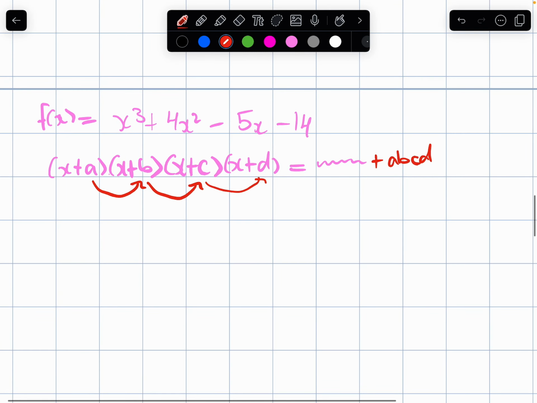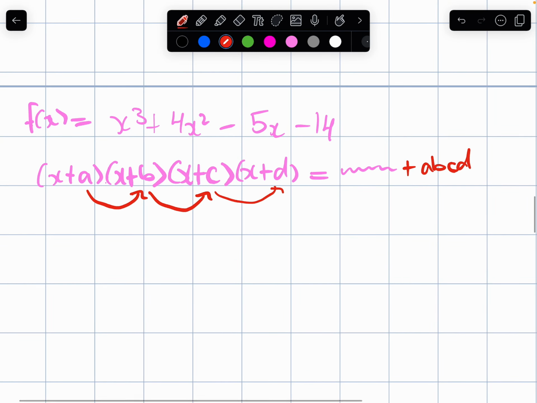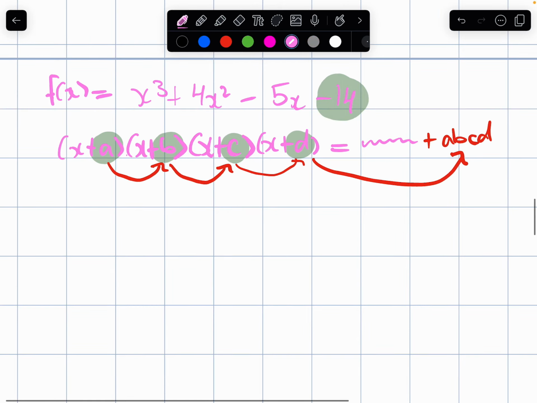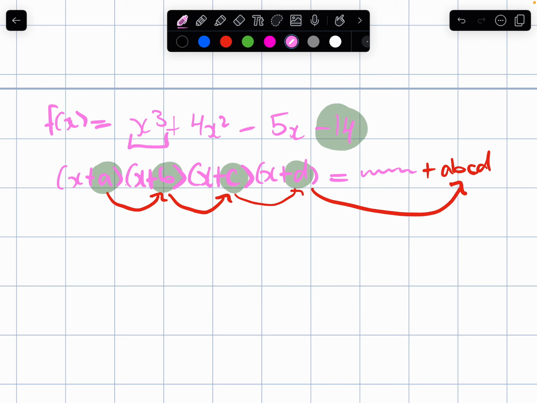Basically what I'm trying to say is, if you're looking for this second number in the bracket, it'll always be a factor of the final number. So we know our final number here is negative 14. Since it's x cubed, it'll be 3 terms.